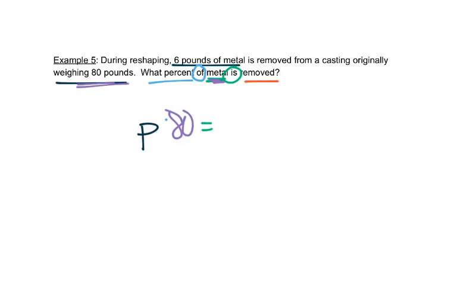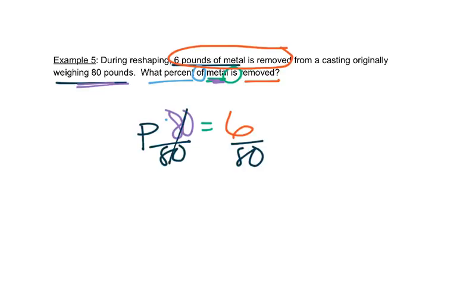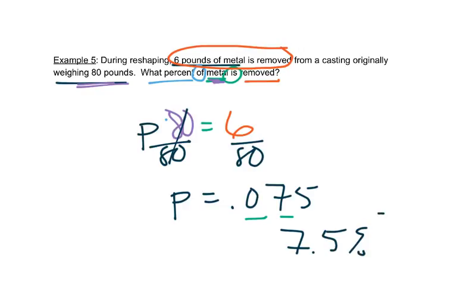And here it says removed, so it tells us that 6 pounds were removed. So that's going to be our 6. So we'll divide both sides by 80, which gives us P is equal to 0.075. We want to change this to a percent, so we move it 2 places over, and we get 7.5%.